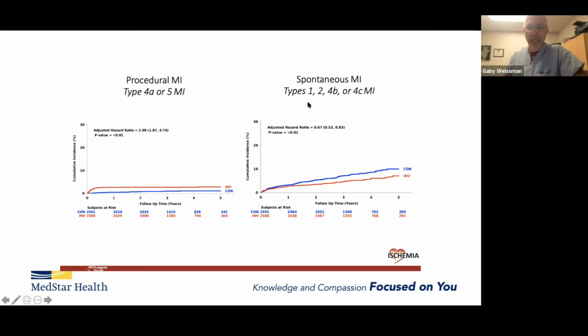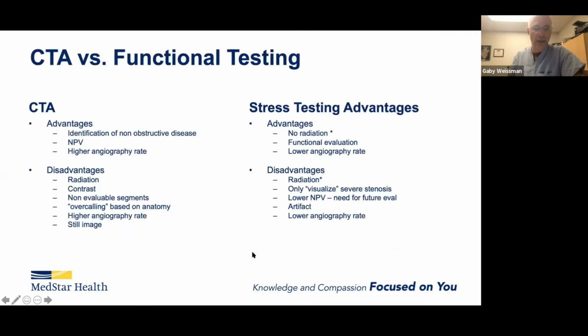Interestingly, for spontaneous MI, meaning MIs that just happen while you're out there in the garden doing whatever you're doing, the invasive arm was superior, which was a very interesting finding. So the overall trial was a negative trial, but this finding of reduction of spontaneous MIs is interesting. So maybe ischemia does matter at the end of the day, at least from this perspective. The bottom line is, again, event rates are relatively low. Medical therapy is doing a good job, all in all.